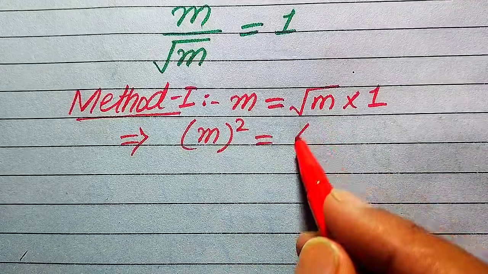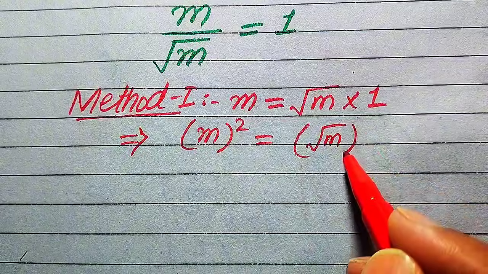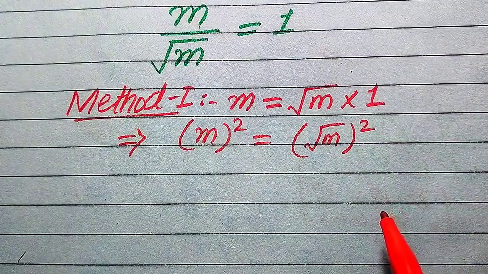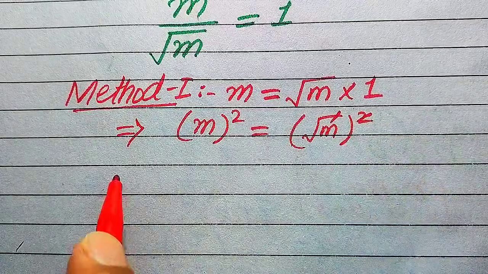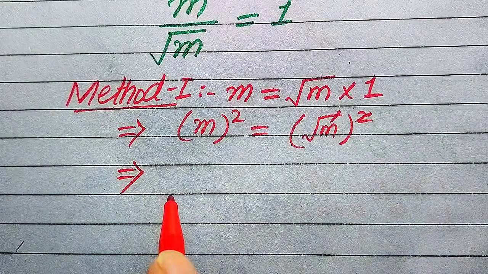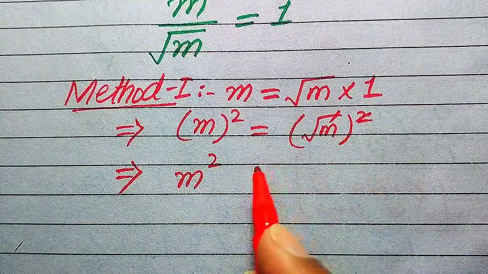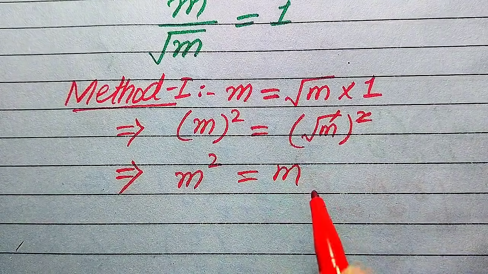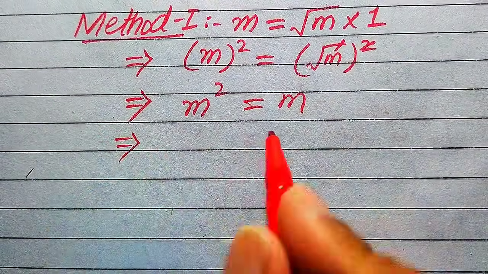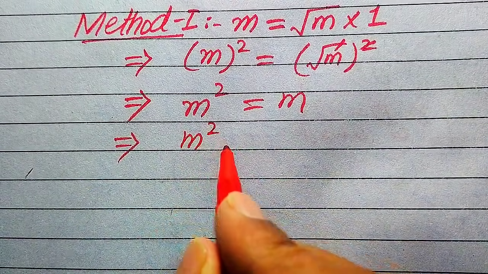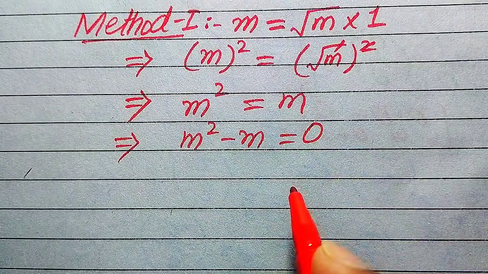When we take squaring, square root of m times 1 becomes square root of m, and after taking square it becomes square root of m, whole squared. Further, you see here this 2 and this square root are cancelled out by each other, and we get m squared is equal to m. Now in the next step we move this m from the right hand side to the left hand side, and it becomes m squared minus m is equal to 0.